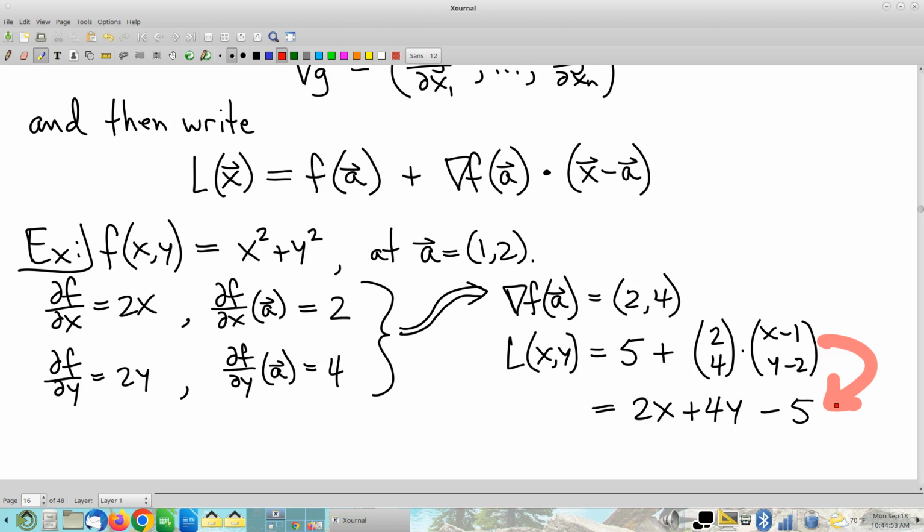But for math purposes, case could be made that rewriting this as that kind of just obscures the structure that's visible in this original form that we have here. It's kind of nice to be able to explicitly see the gradient here and to explicitly see the original value of the function there and explicitly see the 1, 2, that's the base point that we're basing all of this at.